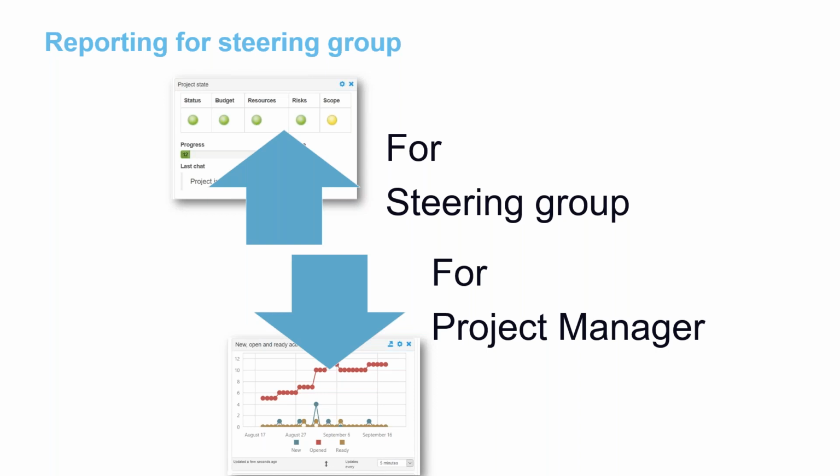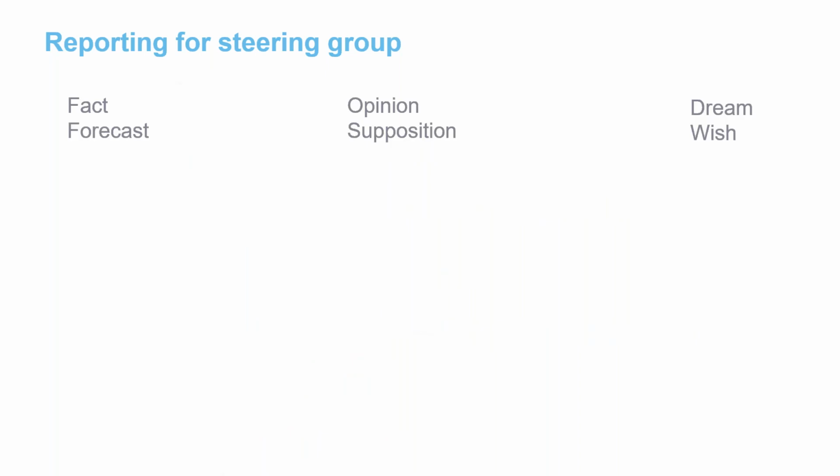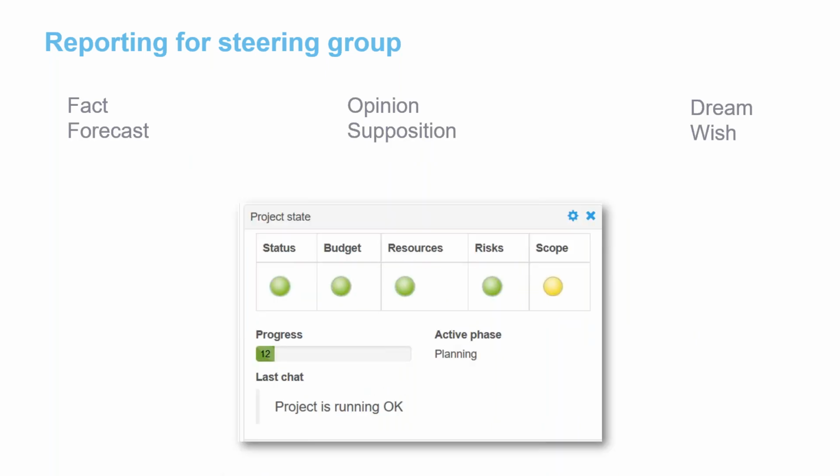Yeah. But as we discussed here, the important thing for the steering group is that they get real data so that they can base their decisions on good data. Yes. Okay. So real data, not opinions, not wishes, not dreams.